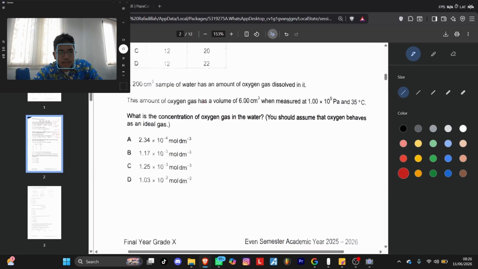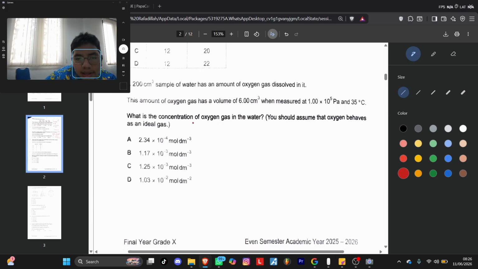The next question is, a 200 cm3 sample of water has an amount of oxygen gas dissolved in it. This amount of oxygen gas has a volume of 6 cm3 when measured at 100 kilopascal and 35 Celsius.